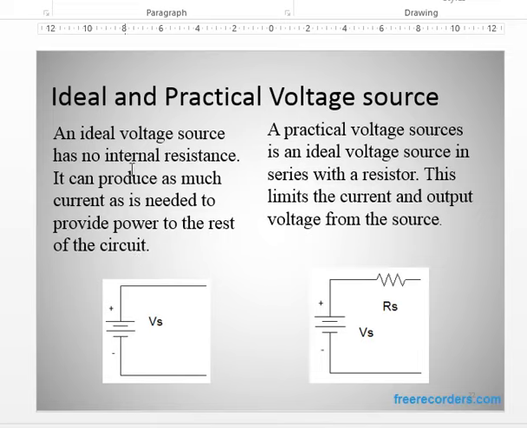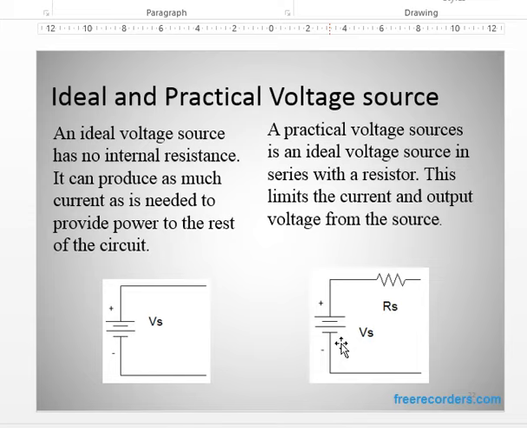Now we have to learn what an ideal voltage source and a practical voltage source are. What is an ideal voltage source? An ideal voltage source has no internal resistance. It can produce as much current as is required by the rest of the circuit. What is a practical voltage source? A practical voltage source has a resistance in series with the source.